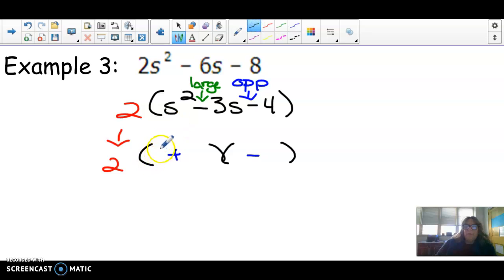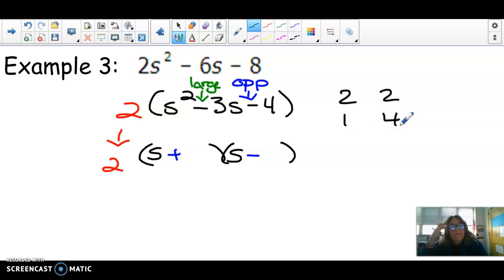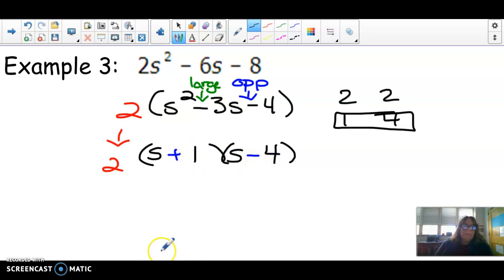Only factors of s squared are s and s. Factors of 4 are 2 and 2 or 1 and 4. And if the signs are different, then that means that we're going to subtract them. So in order to subtract and get a negative 3, we would have to use this. Our larger sign would be negative, so the 4 would go here, and the 1 would go here, and it's factored.